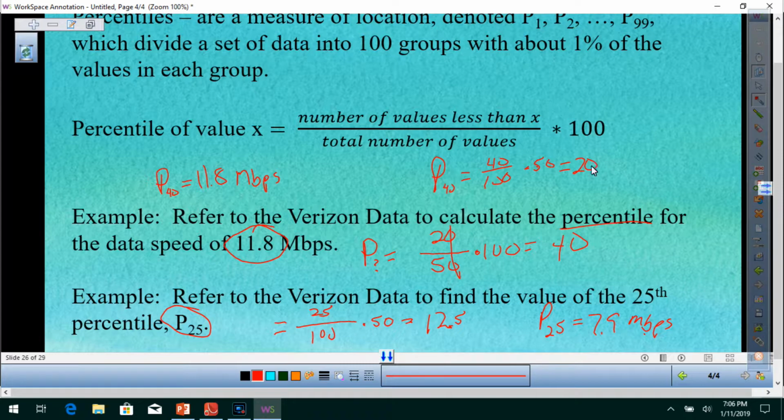Remember, 20 should be below it, and we got P sub 40 is 11.7 megabytes per second. It's halfway in between 20 and 21. Well, 20 is below it, but it's not quite 21 either.